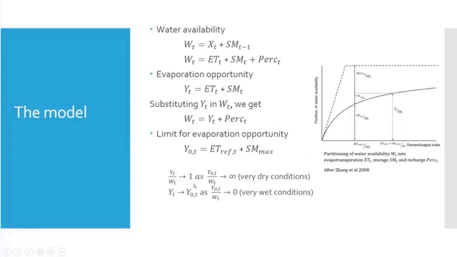So this also is explained in this graph. So the broken lines indicate the limits, the supply and the demand limit, and the different arrows here you see represent the evapotranspiration opportunity, the soil moisture, and the percolation.